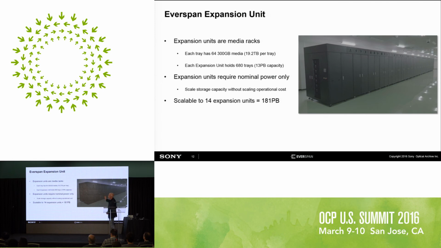This unit is configured with 300 gigabyte media and 300 gigabyte drives, and that gives us 180 petabytes of capacity in the system. The expansion units are adding very little power to the power consumption in the system. So the total system you see here with 181 petabytes has this 7 kilowatt power consumption.